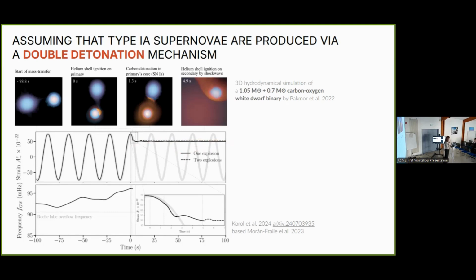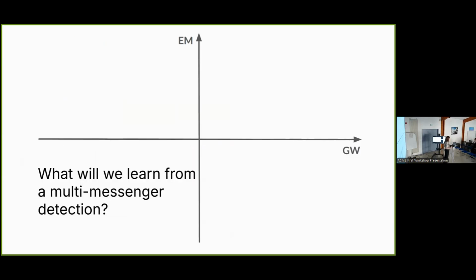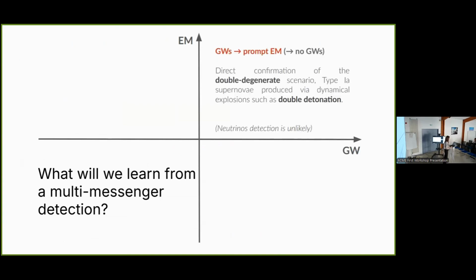So let me put this into a broader context of multi-messenger detections. If we see this scenario in which we see monochromatic gravitational waves, and then a prompt electromagnetic emission, that would indicate that this is a double degenerate scenario.